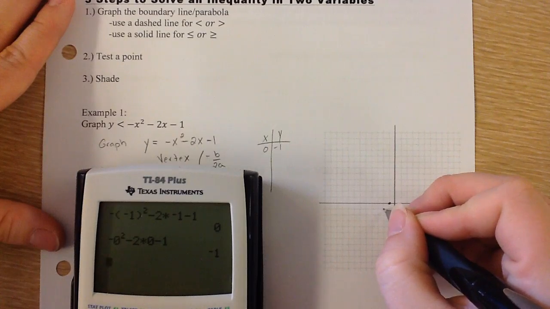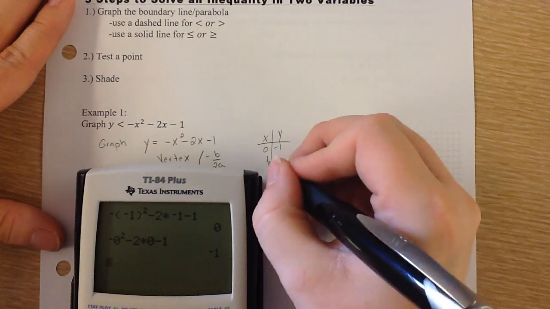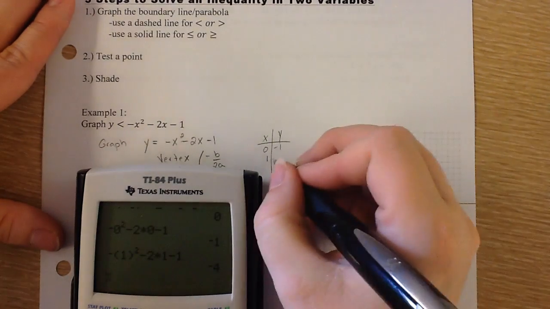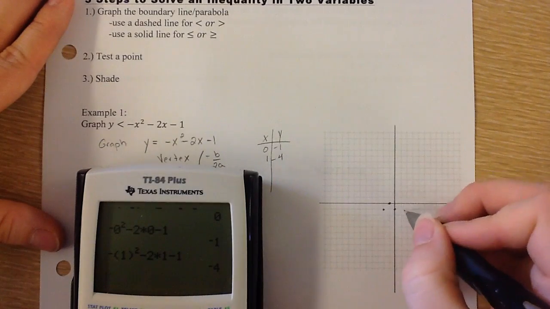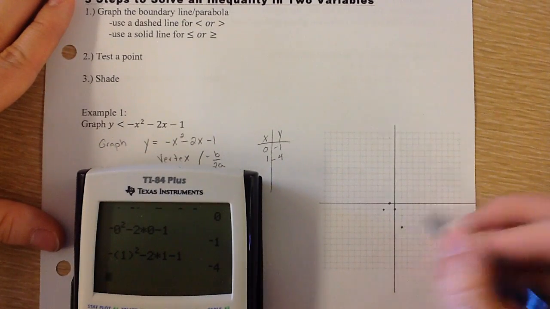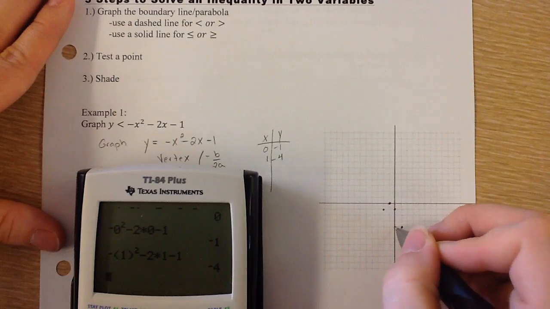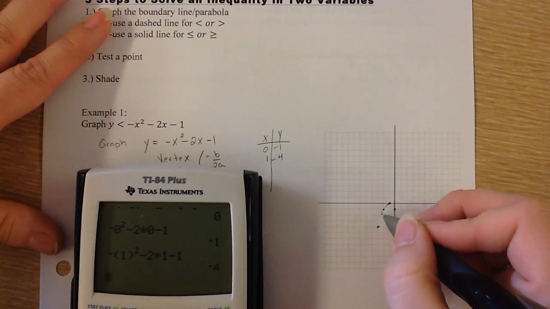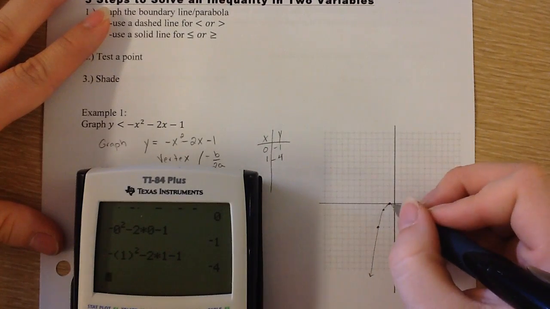Then it's going to go like that. Let's put a 1 in just to see. Negative 1 squared minus 2 times 1 minus 1, negative 1, negative 2, negative 1, negative 4. Okay, so we have a general idea of what this parabola is going to look like. It's going to be a parabola opening down like this.